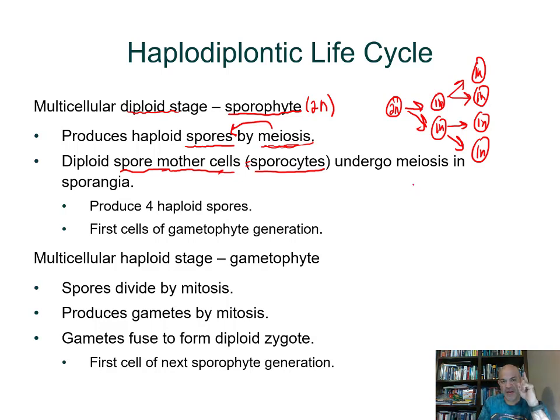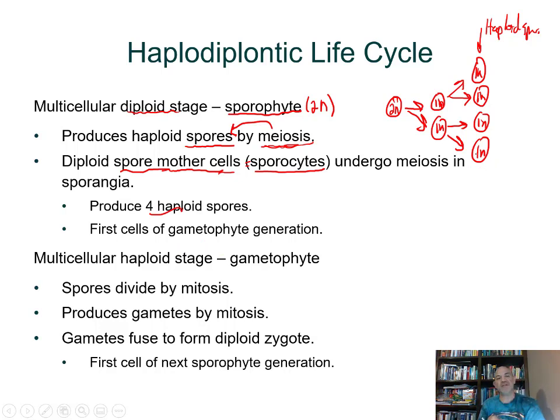The thing here with plants is that these are not going to be gametes. These are going to end up being haploid spores. Okay. Now, you're going to get 4 haploid spores, and those spores are the first cell of the gametophyte generation.